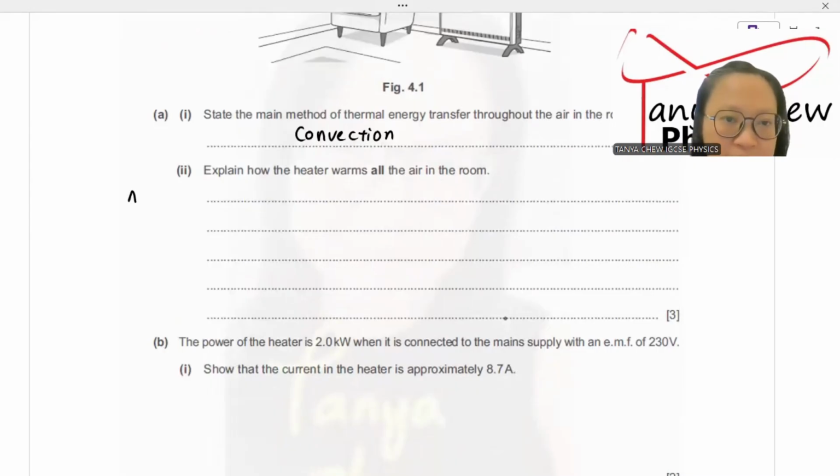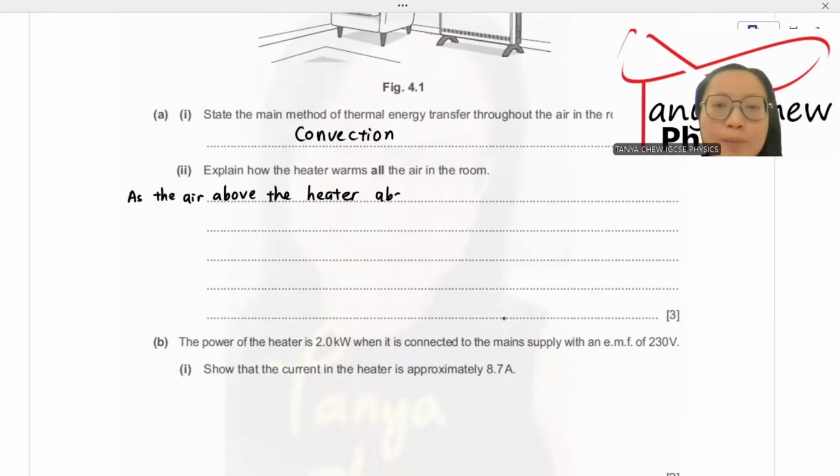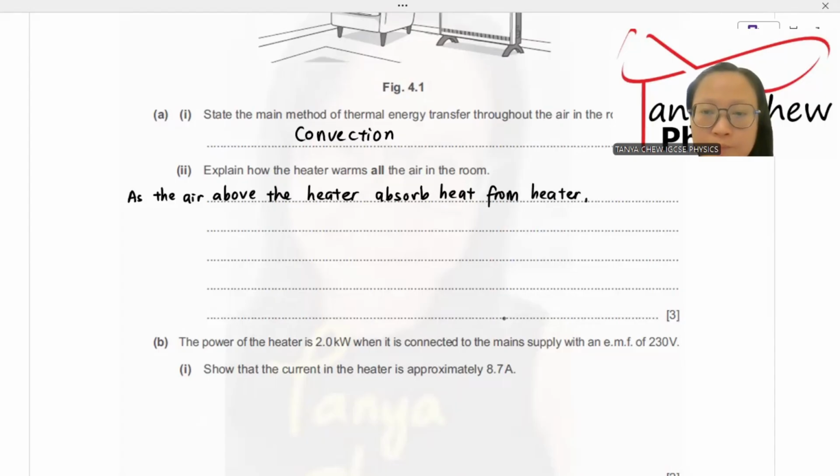So I'm going to explain in detail. The air just above the heater absorbs heat from the heater, they gain kinetic energy.